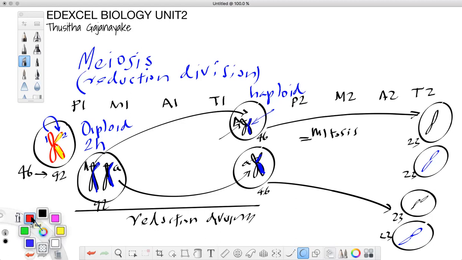Right, now if we look at the significance of meiosis, these divisions take place in reproductive organs, in the reproductive cells. So we call them gametes, for example, sperm and the ovum. So these cells finally represent the gametes, sperm and ovum. And one important thing is the 23 chromosomes. One cell has 23 chromosomes and the other cell has 23 chromosomes.